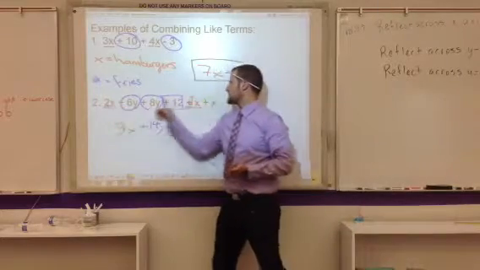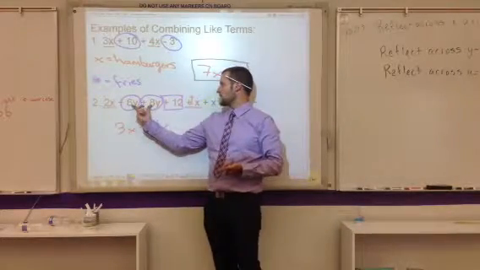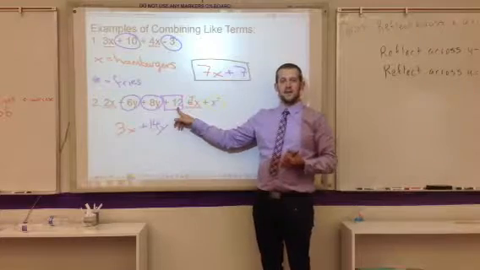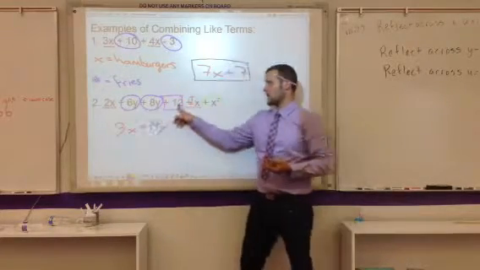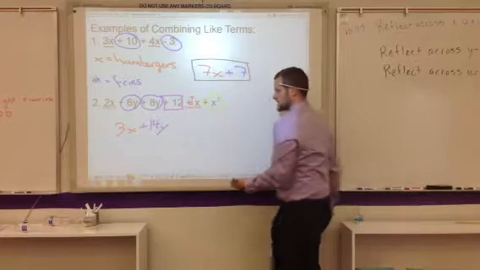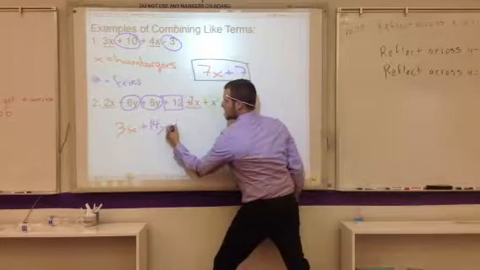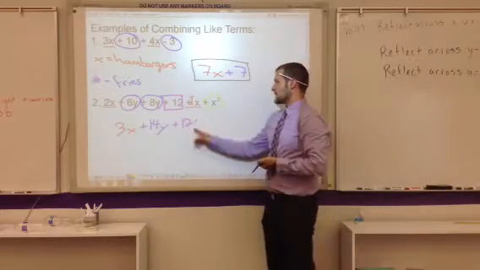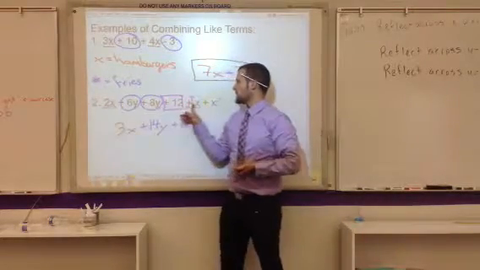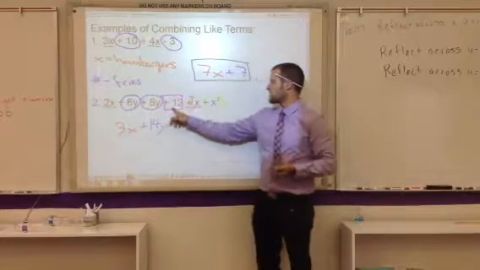I've done my x's here and I've done my y's here. The next thing I have is this 12. There are no other numbers that don't have a label on them. So this 12 stays the same, it's all alone, plus 12. Lastly, I have my x's, I have my y's, I have my 12.